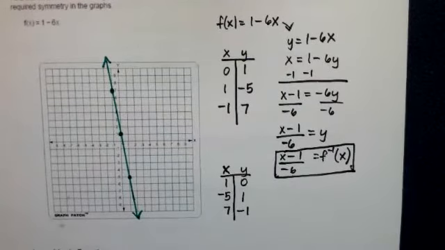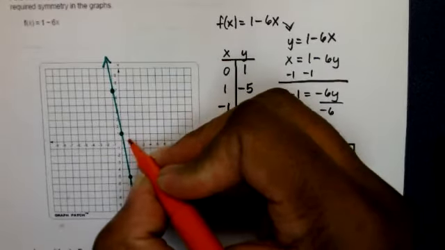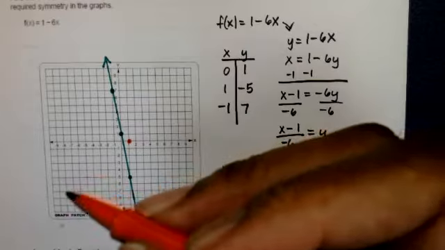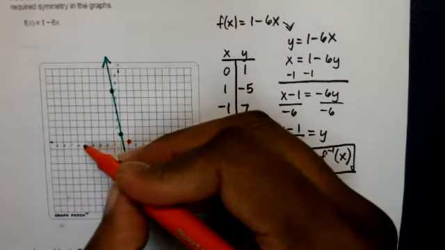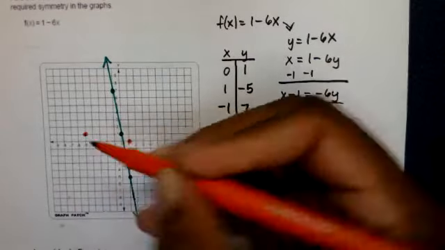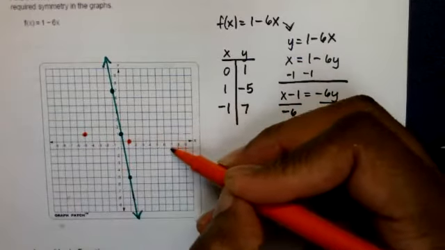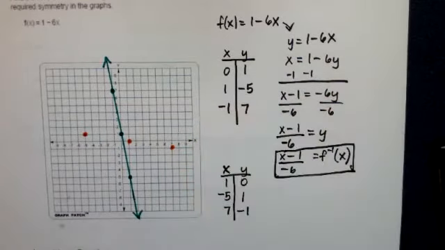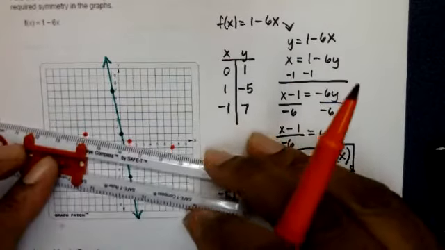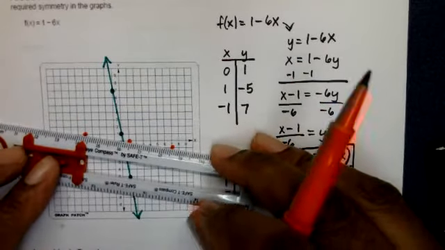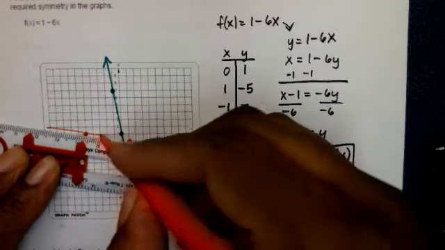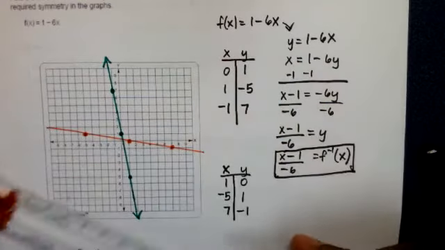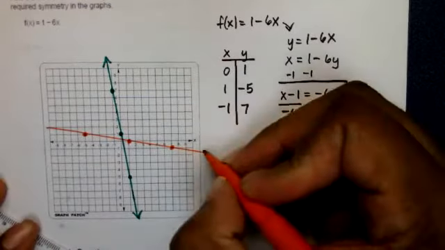All right, so let's plot those on the coordinate plane. (1, 0) will be here. (Negative 5, 1) is to the left 5 and up 1, that's here. And then (7, negative 1) is to the right 7, down 1. Let's connect those and you'll have the graph of f inverse of x.